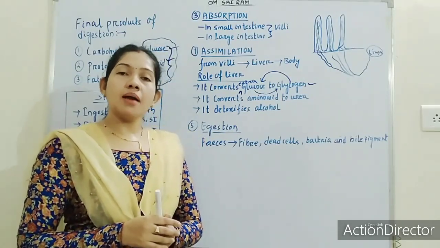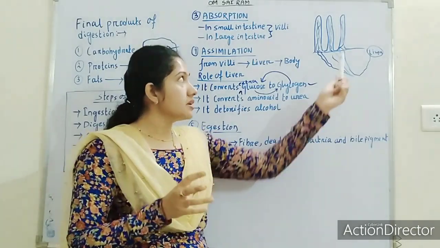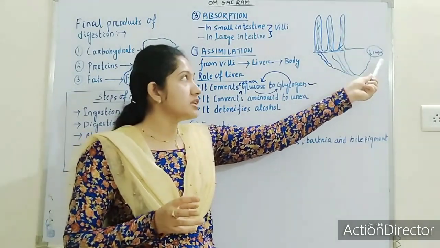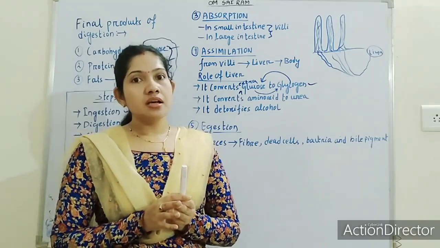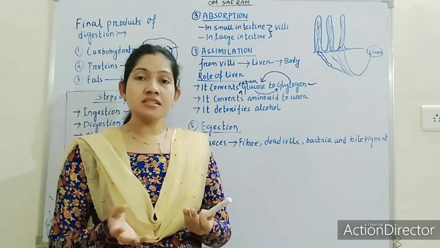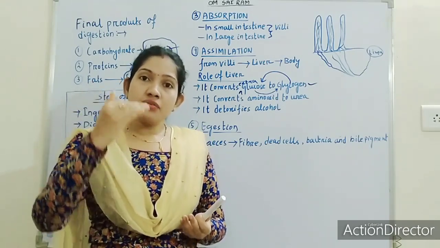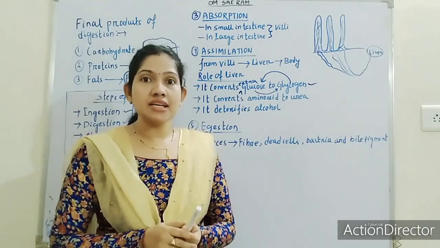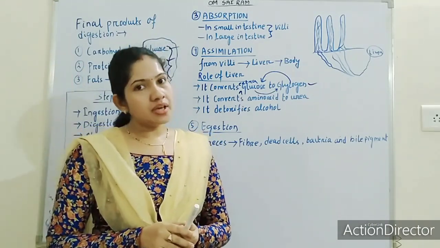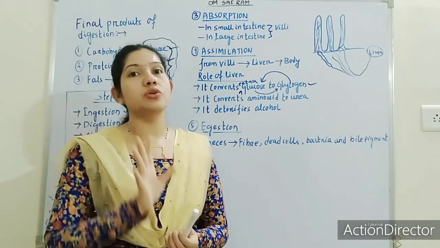So all the amino acids which are taken by the blood capillaries to the liver will be converted into urea, which is a waste product, and the liver will send that urea to the excretory system, that is to the kidney. The kidney will excrete the urea in the form of urine.